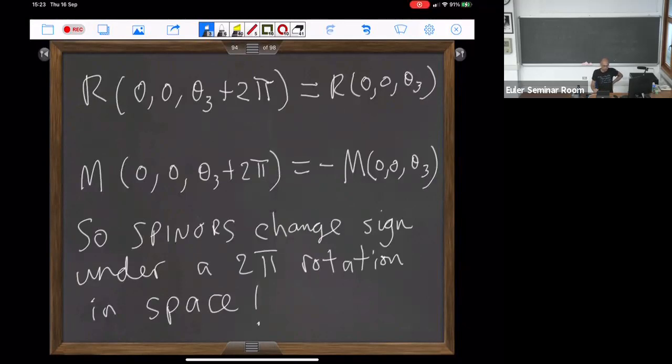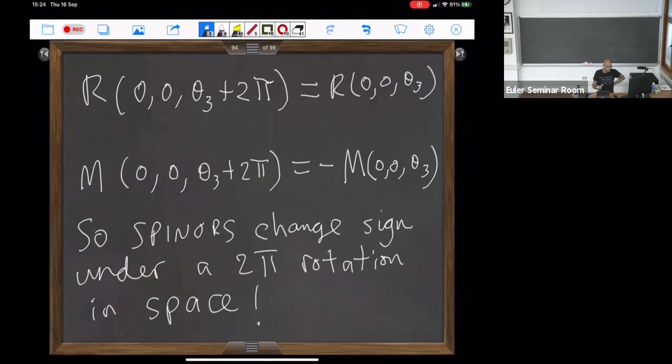SO3 group elements, when theta goes from theta to theta plus 2 pi, for any of the thetas, you have to come back to the same group element. Whereas SU2 does not have that requirement. When theta goes from theta to theta plus 2 pi, you can have a -1.